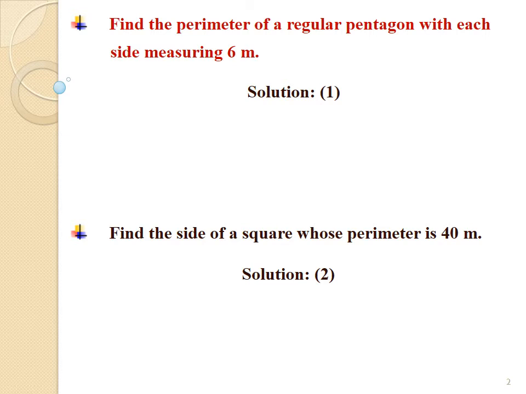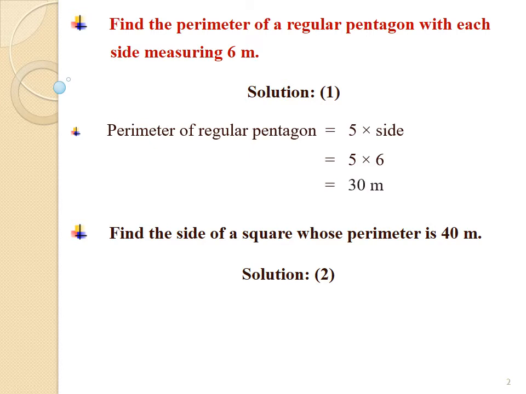So, let us find out the perimeter of a regular pentagon. Perimeter of regular pentagon equals 5 into side, which equals 5 into 6, which equals 30. Thus, perimeter of regular pentagon is 30 meters.